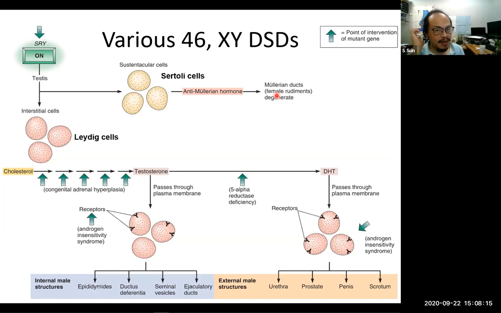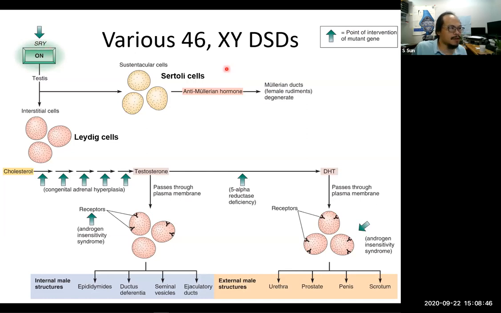Now, a lot of things can go wrong here because it's not like a single step. It has many steps, especially during the embryo development, some of the enzyme probably is not secreted normally. So the very first one is the SRY. So let's look at this point of mutation that caused the problem. So one problem is the SRY.